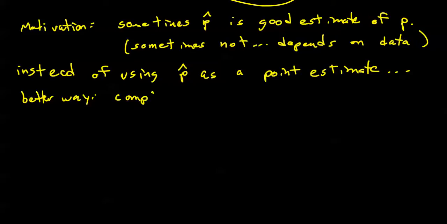Compute what we call an interval estimate of little p, our population proportion.